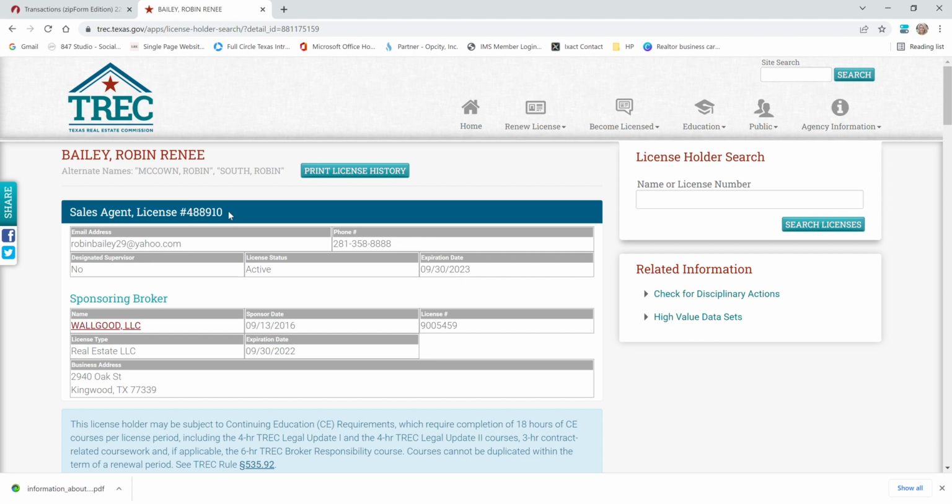So we're going to say, let's see, her license number is 488910. Robin Bailey. Her phone number is 281-358-8888. We're going to put down her email address.